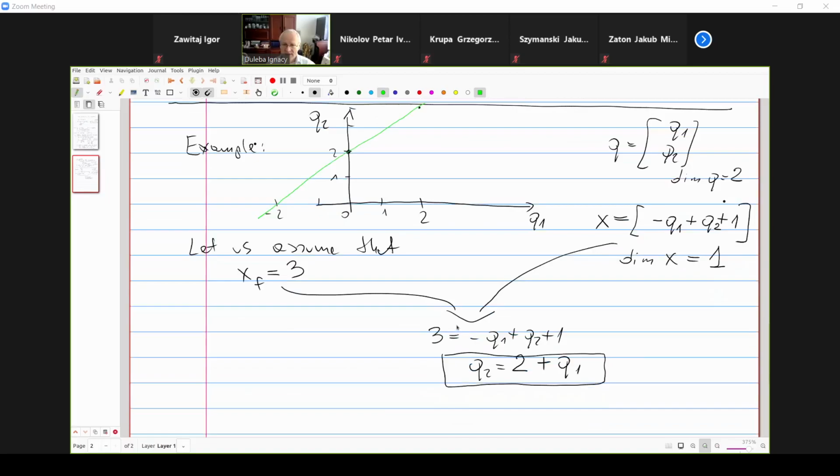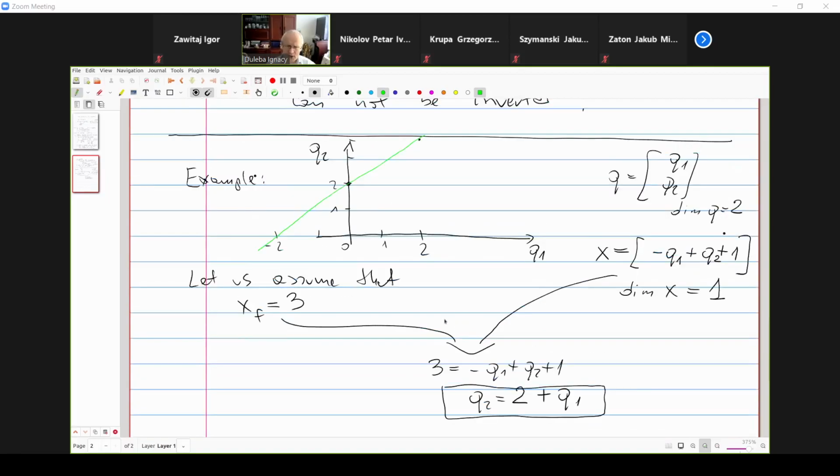But our goal was to find Q star, so Q1 star and Q2 star. As you can see, we have a lot of choices, a lot of points.